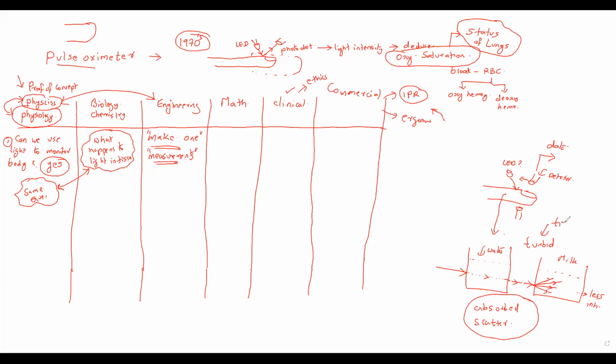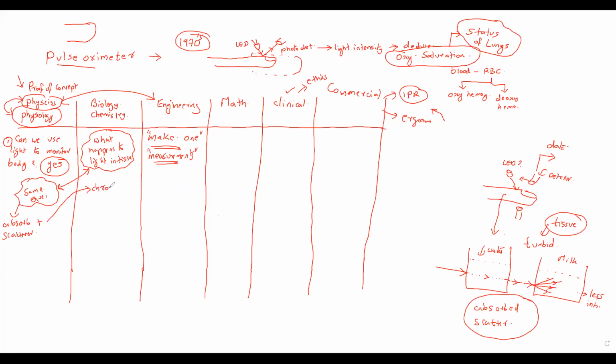For light, tissue is a turbid media. That means when light passes through the tissue, it scatters and gets absorbed. Physics has answered that there is absorption and scattering because it's a turbid media. But who is doing this job in a physiological setting or in a biological specimen?